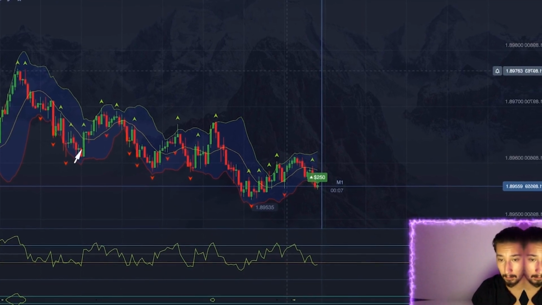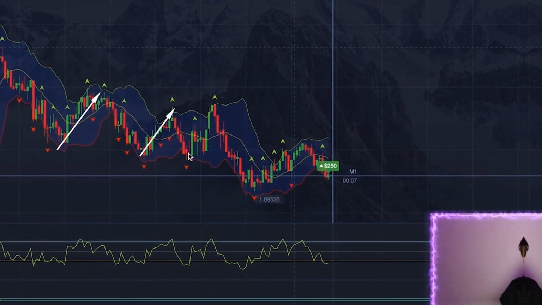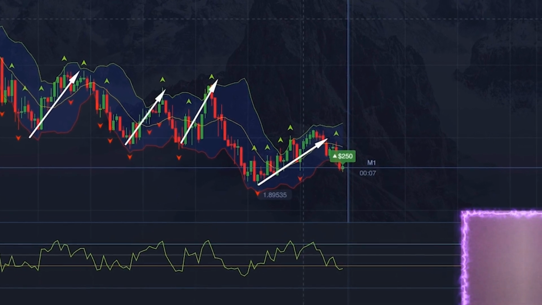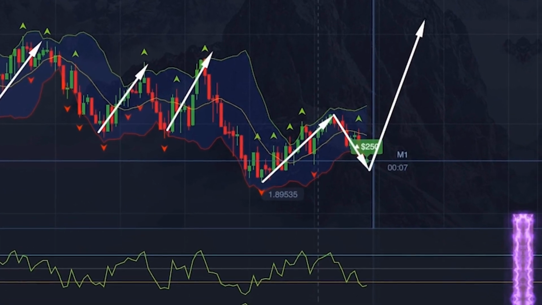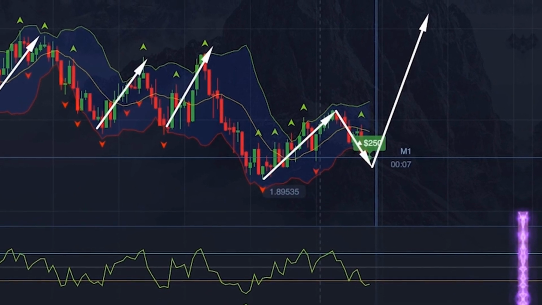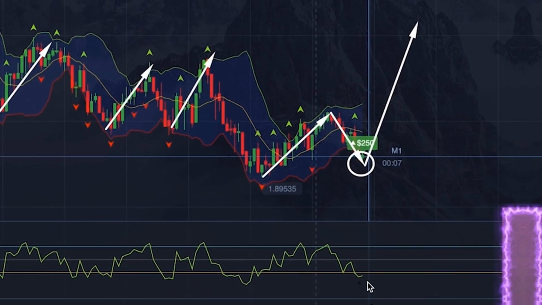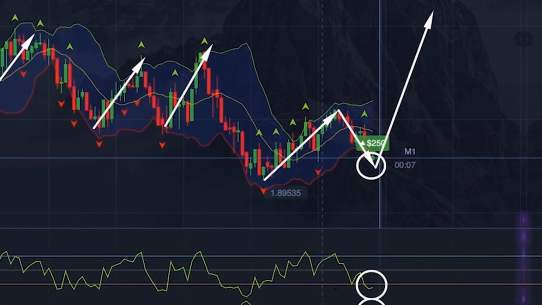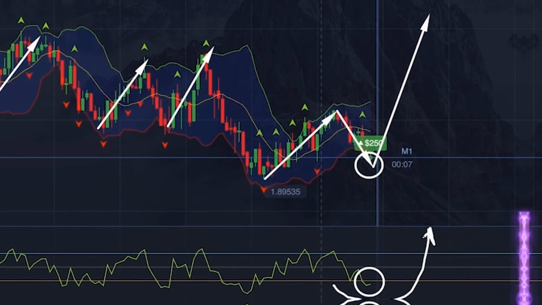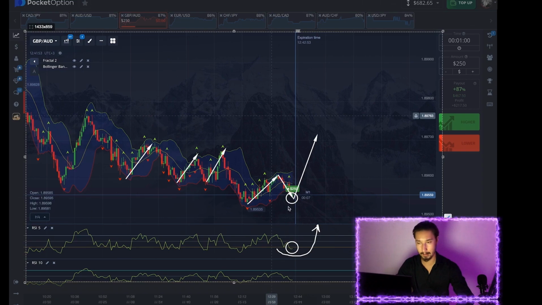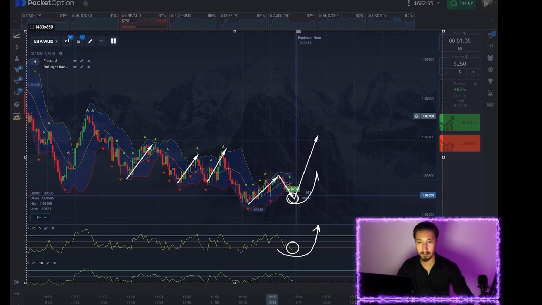So I'll highlight them for you here. There were a lot of kickbacks, and I think that after touching the lower Bollinger Band and also the moving line of one of the oscillators in an oversold area, there should be an exit upward from this area.